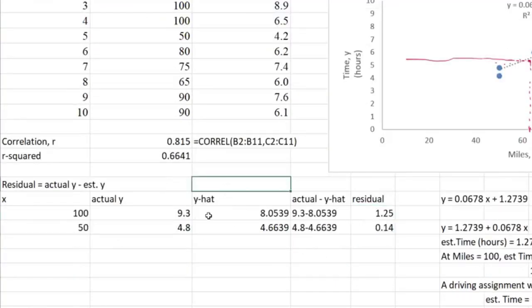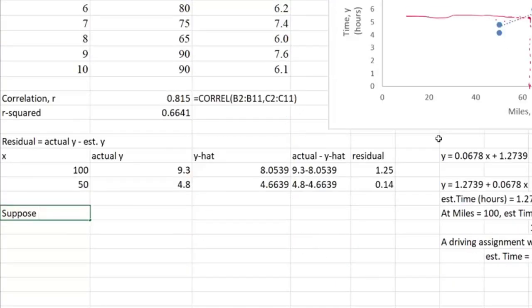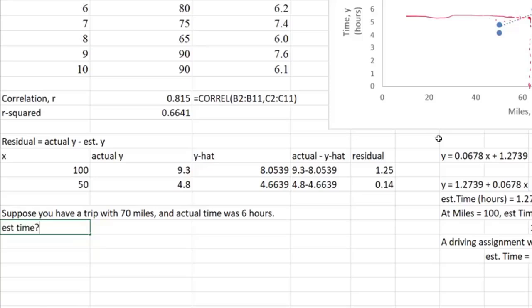For example, suppose you have a trip with 70 miles, and the actual time was 6 hours. Then what is the y hat, the estimated or predicted time, and what is the residual?